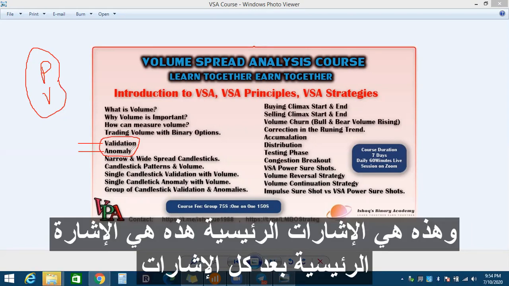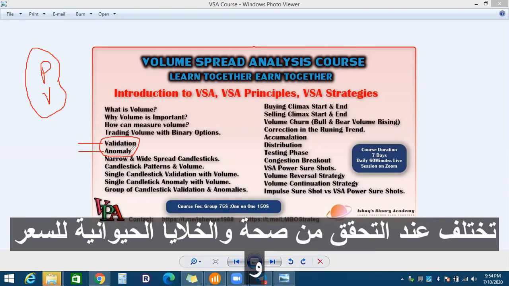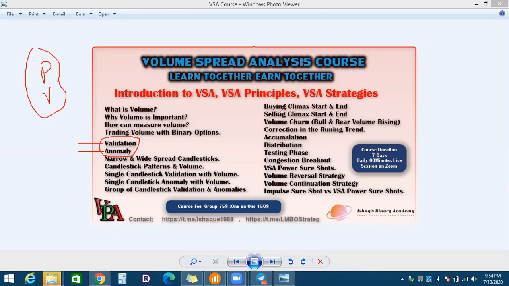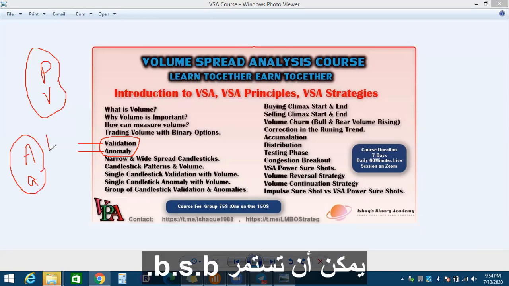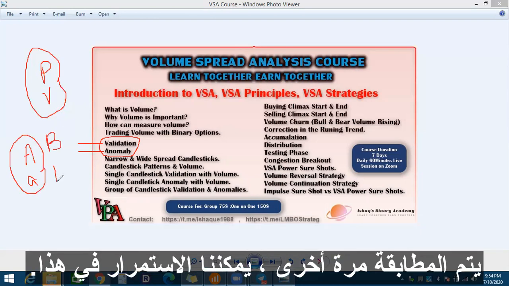These are the main signals of VSA. All the signals depend upon the validation and the anomaly of the candles, of the price and the volume. In validation and anomaly, we are matching two things. If capital A and small a match, we can continue to B and b.